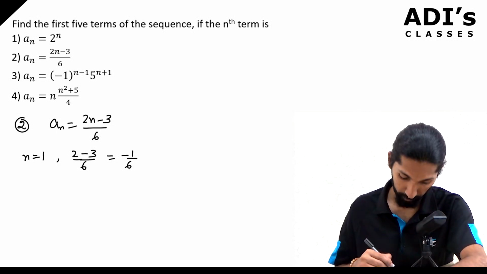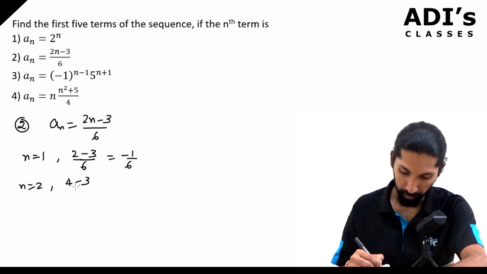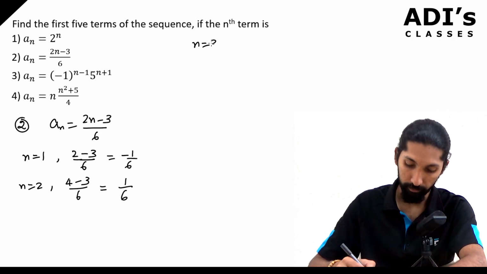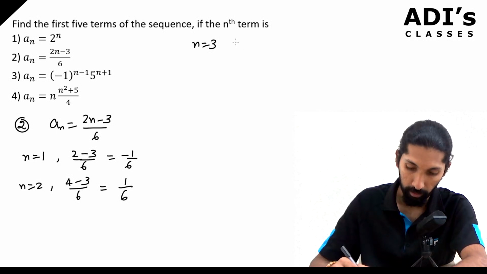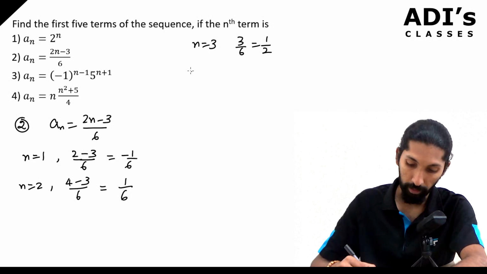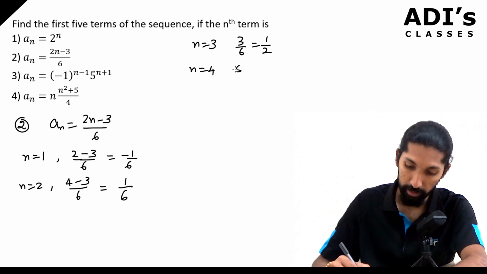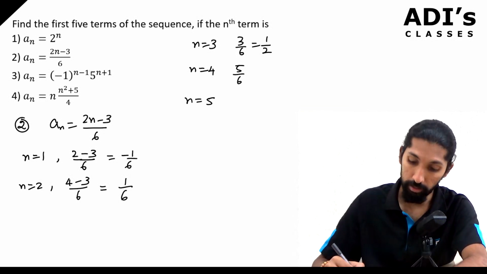Second term, n is equal to 2: 4 minus 3 by 6, that's 1 by 6. Next, take n is equal to 3: 6 minus 3, 3 divided by 6. 3 by 6 is nothing but half. Take n is equal to 4: 8 minus 3, 5 by 6. n is equal to 5: 10 minus 3 is 7 by 6.